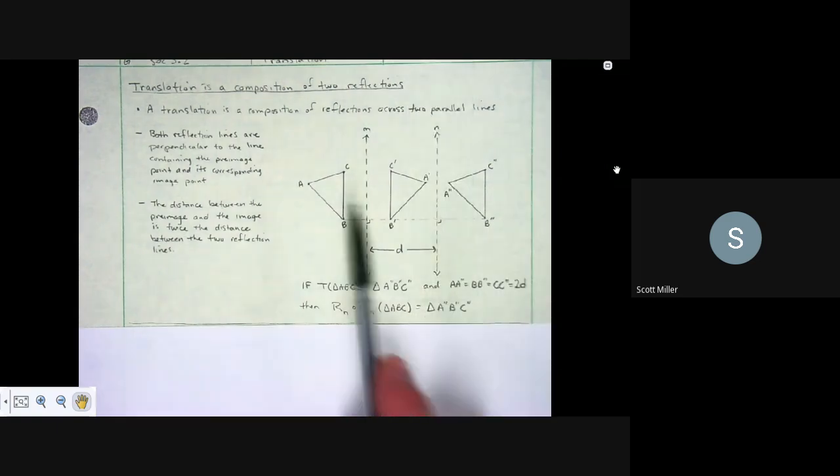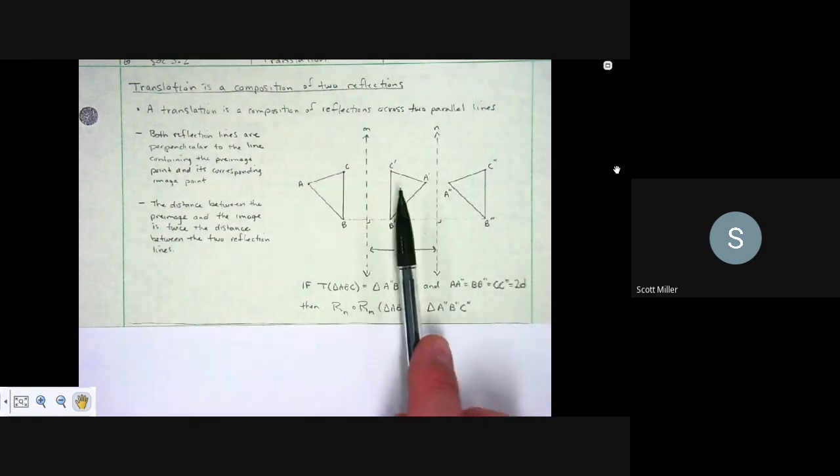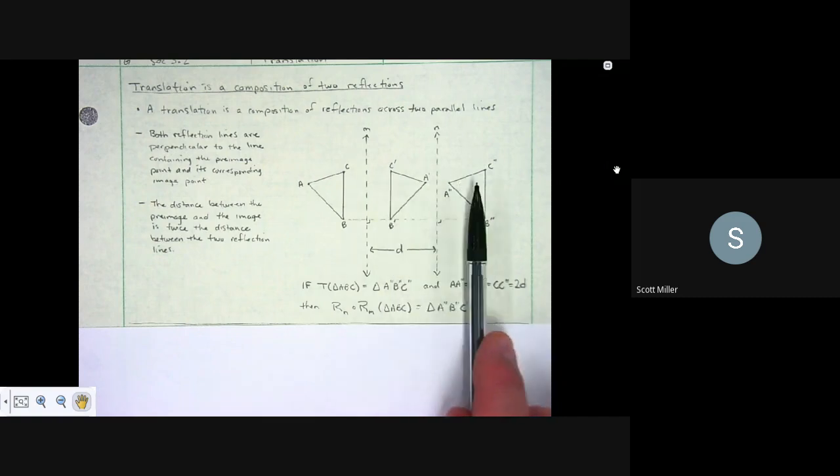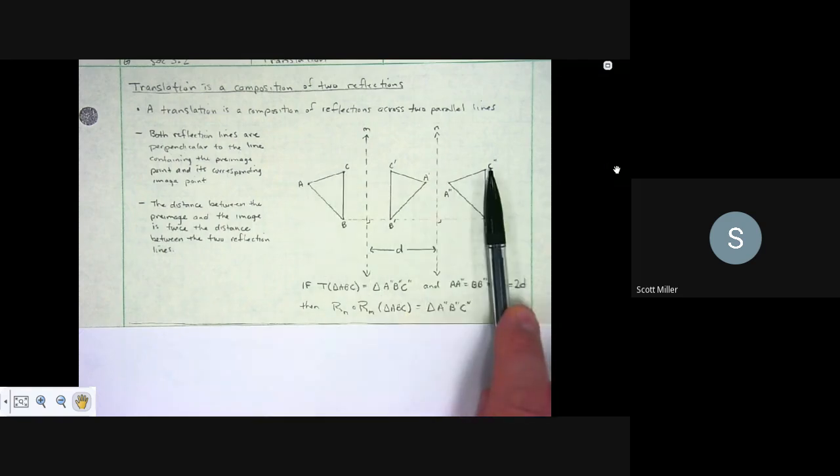Okay? So if I take this and reflect it across this line, and then take this and reflect it across this line, then the orientation is exactly the same here and here, and it's just the same as a translation, as if I just slid it across. Okay? That's what they're talking about.